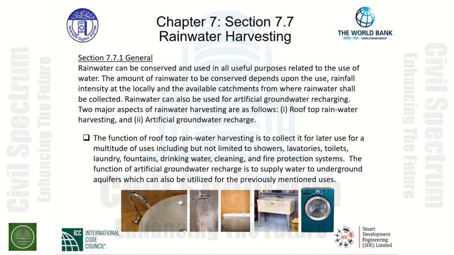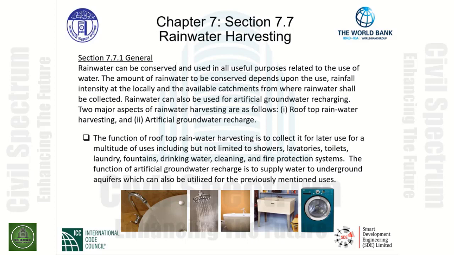Rainwater can also be used for artificial groundwater recharging. Two major aspects of rainwater harvesting are as follows: rooftop rainwater harvesting and artificial groundwater recharge.